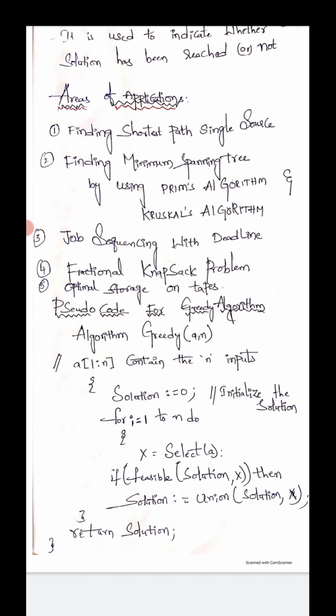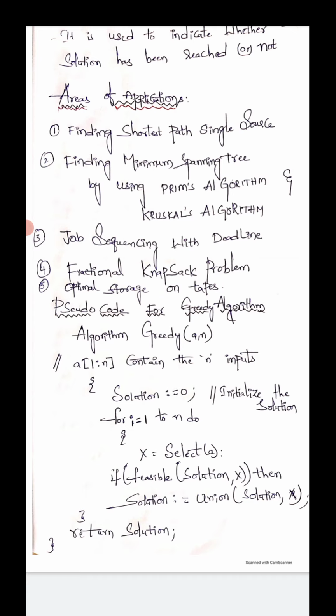First we initialize the solution to 0, then a for loop with i from 1 to n, and we select x, that is x is assigned select(a).